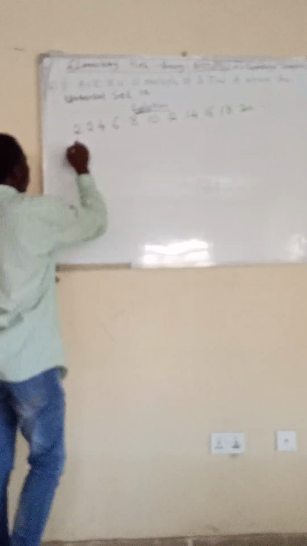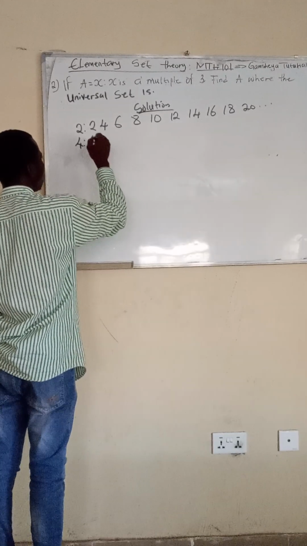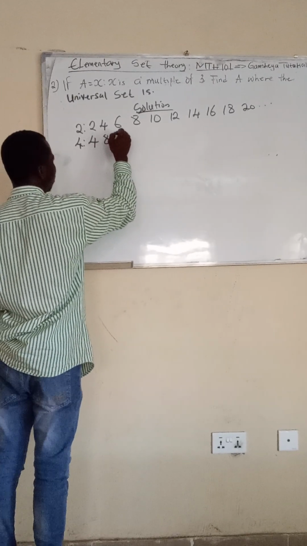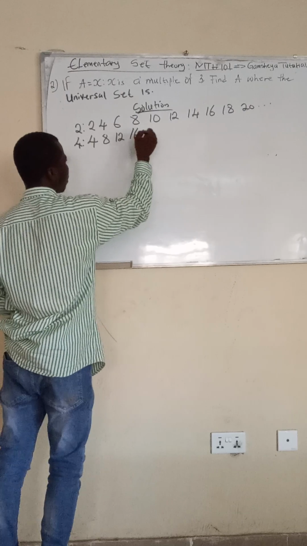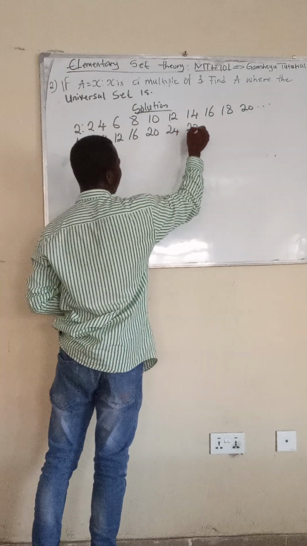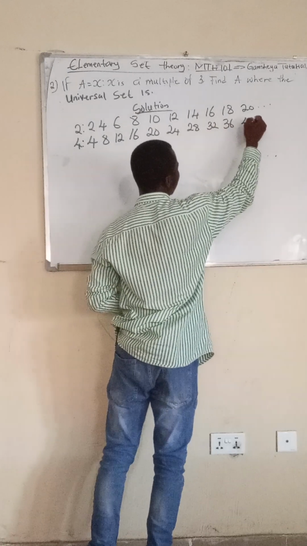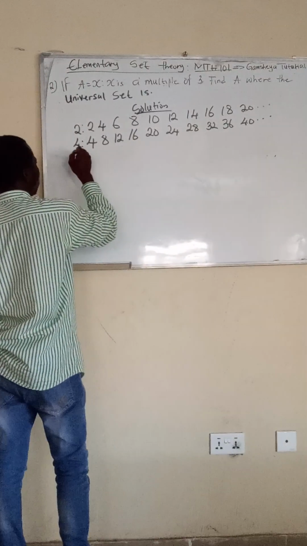Now if I give you 4 and I ask, what are the multiples of 4? The multiples of 4 will be 4, 8, 12, 16, 20, 24, 28, 32, 36, 40, like that. Let's look at the multiples of 5.